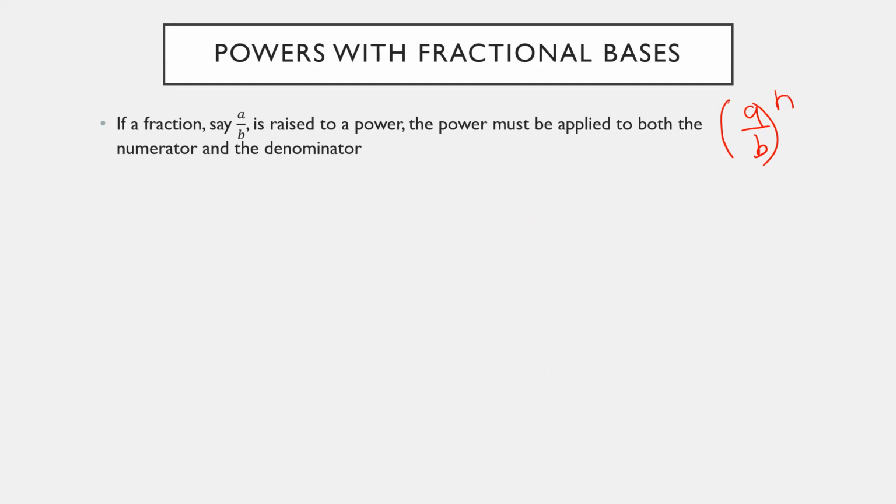A common mistake, and I totally get why people do this, is that when they first look at a over b to the power of n, they think you can simply put the exponent n over top of the a. But that's not really the case. That exponent n actually has to be applied to the numerator and the denominator. And this is the tricky part.